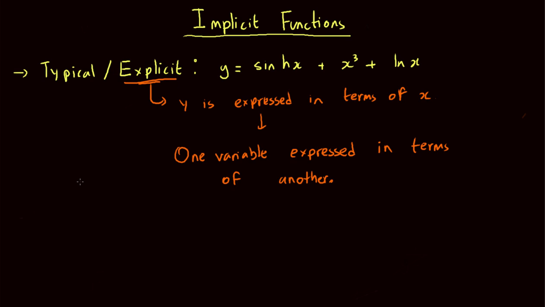But when we talk about implicit functions, it's not very clear cut. We do not know what variable is expressed out of what. For instance, let's say x squared plus y squared minus ln y equals 0. This is a bit trickier because we do not know what is expressed in terms of what.